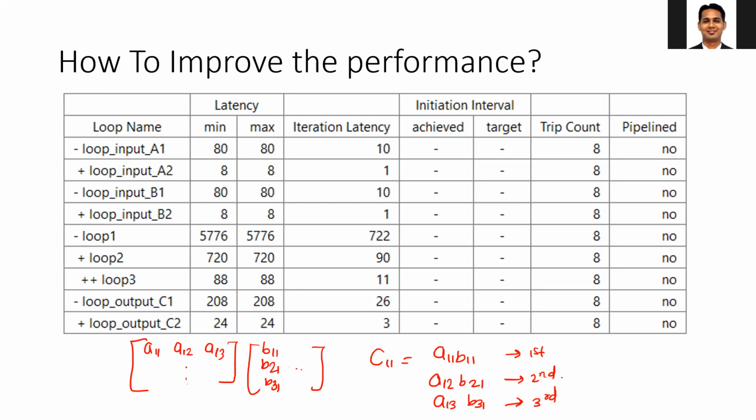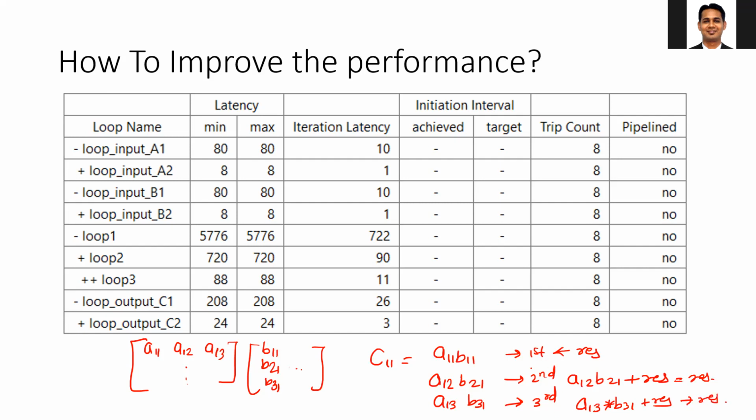In the second iteration, along with this, we are copying this into the local variable result, and we are doing A12 times B21 plus result to get another result. And then we are doing A13 times B31 plus result to get the final result.